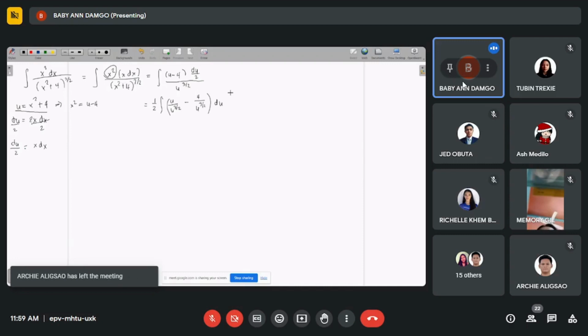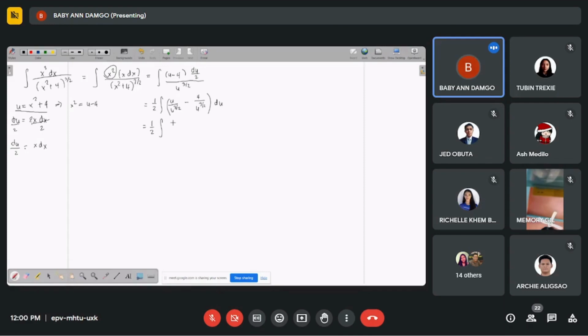Okay, so we have here, so ito na lang i-simplify dito ha. So this is u over u to the 3 halves is u to the negative 1 half. So mura siya u over u to the 3 halves. So this is equal to u to the power of 1 minus 3 halves. Okay? So ang 1 pwede ni siya 2 over 2. So 2 minus 3 is negative 1 over 2.